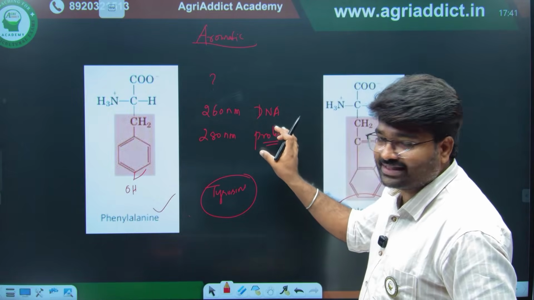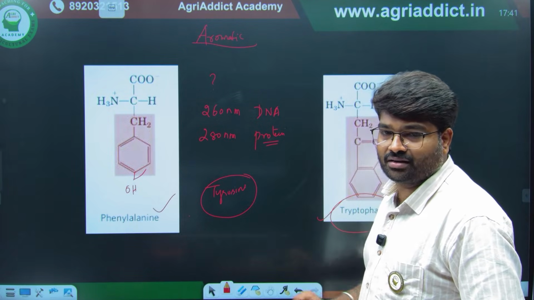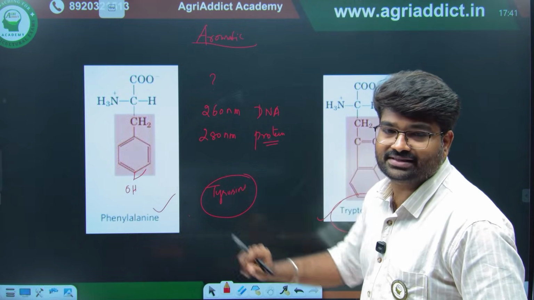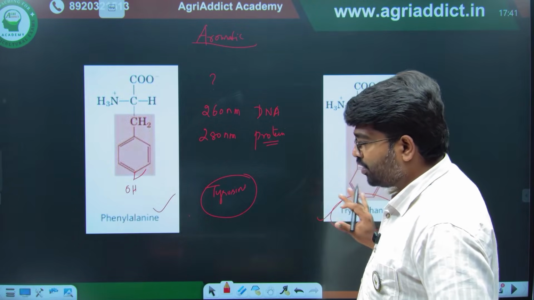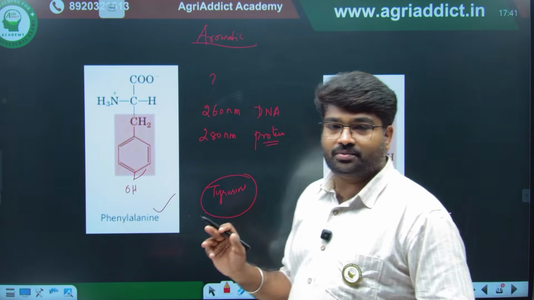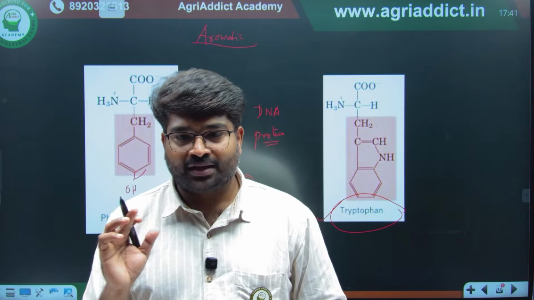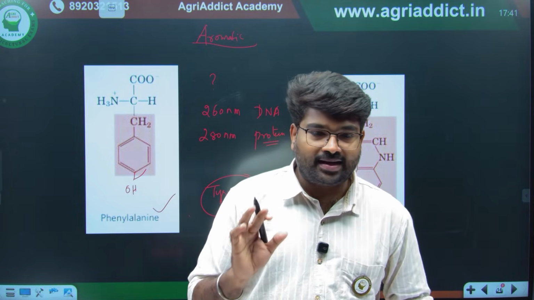This absorption is primarily because of the presence of aromatic compounds in the amino acids. Among these aromatic R groups, tryptophan will have higher absorption. This is also an important point you have to remember.